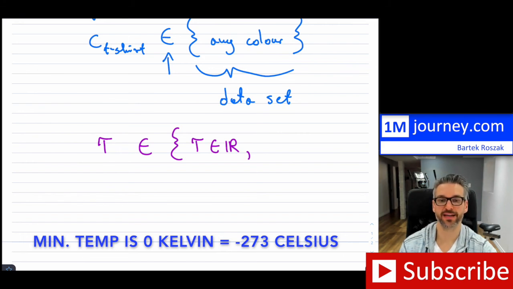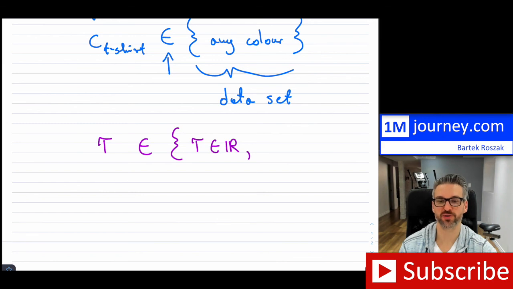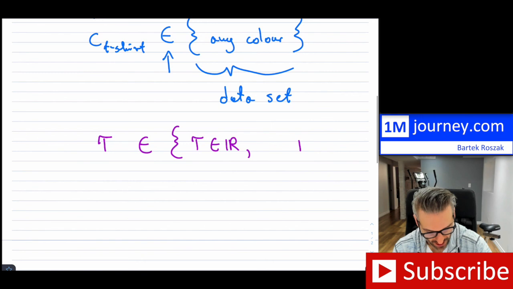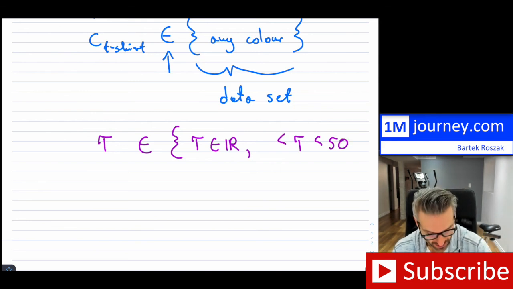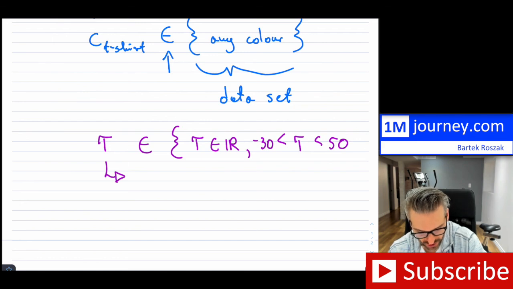Now, your temperatures can take on different values. Within those cities, you might specify for your data set that the temperatures are going to be less than 50, again depending on where you are, and greater than, let's say, minus 30. What are you measuring this in?